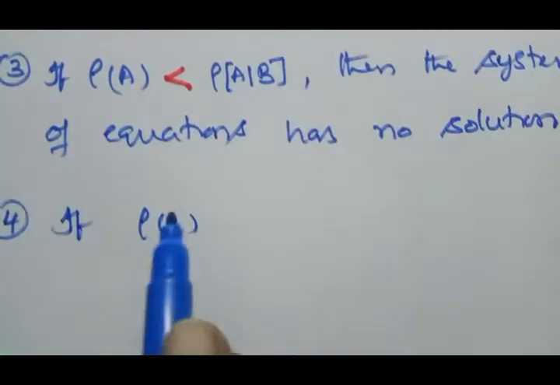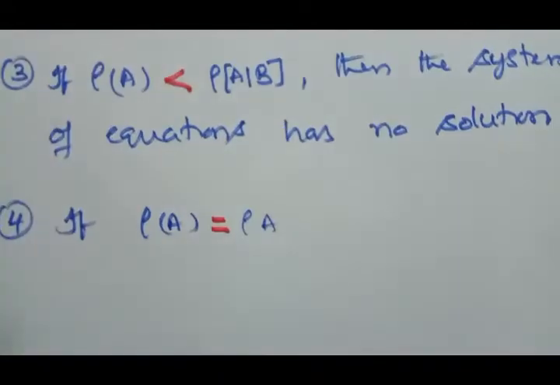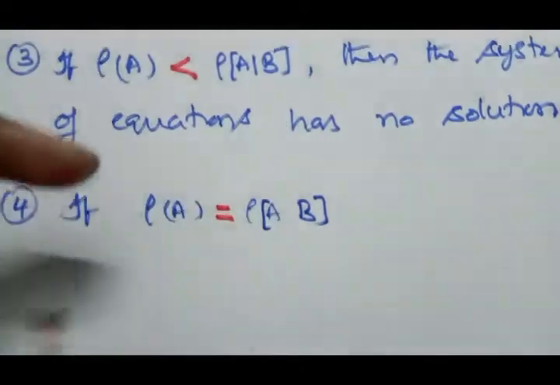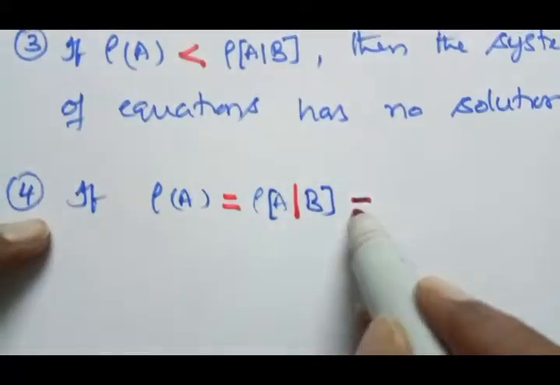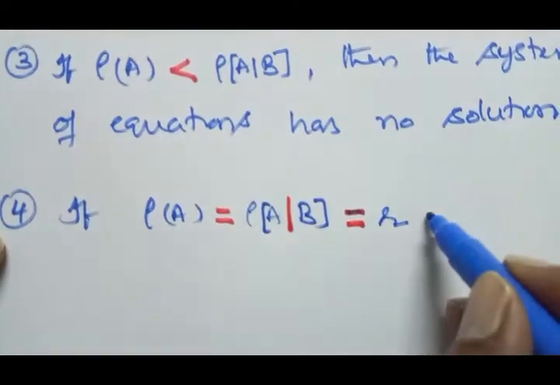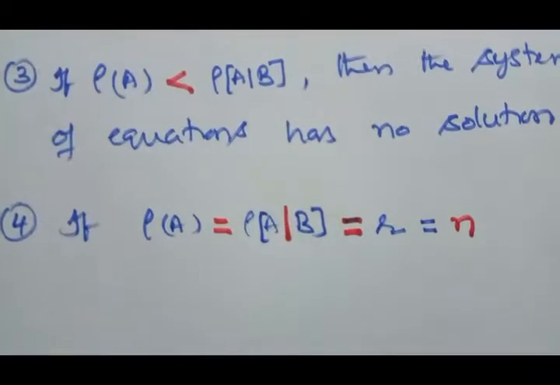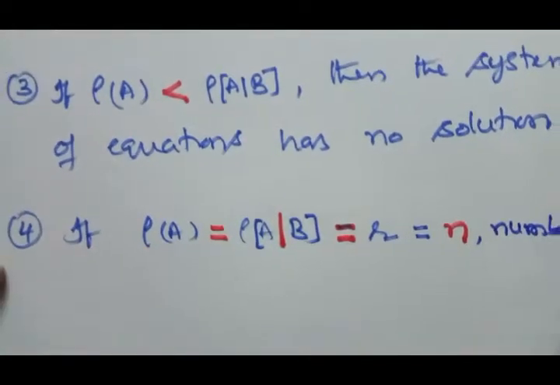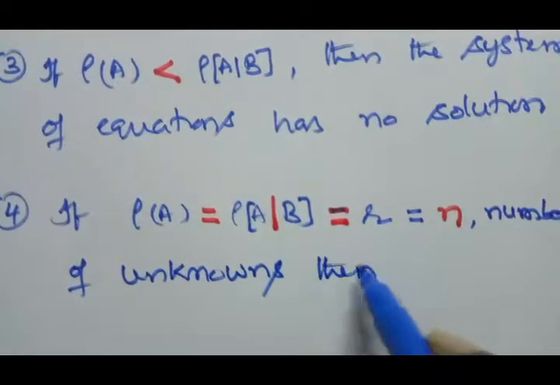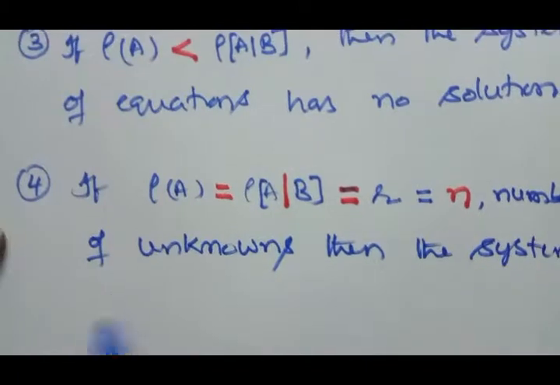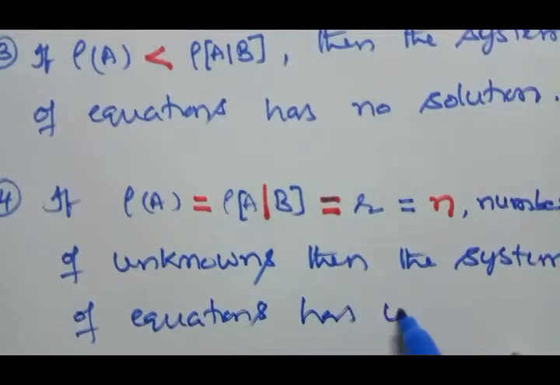If rank of A is equal to rank of augmented matrix [A, B], which is denoted by r, and this is equal to n, the number of unknowns, then the system of equations has a unique solution.